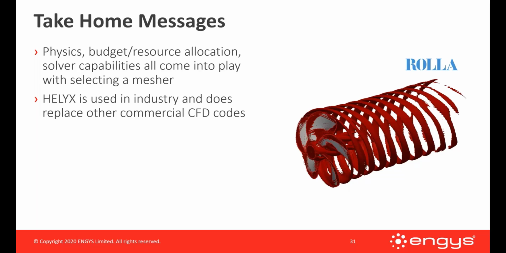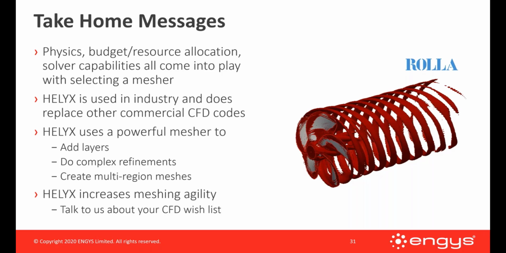Just a few take-home messages: physics, budget, resource allocation, and solver capabilities all come into play with the selection of a mesher. HELYX is used in industry and does replace other commercial codes. This mesher was specifically written to run with HELYX, so all of these problems that we've encountered have been particularly addressed within the mesher within HELYX.